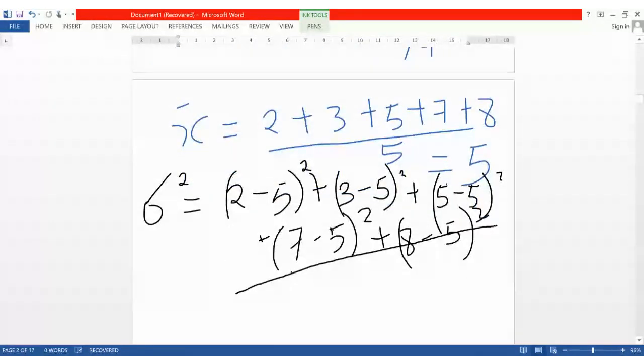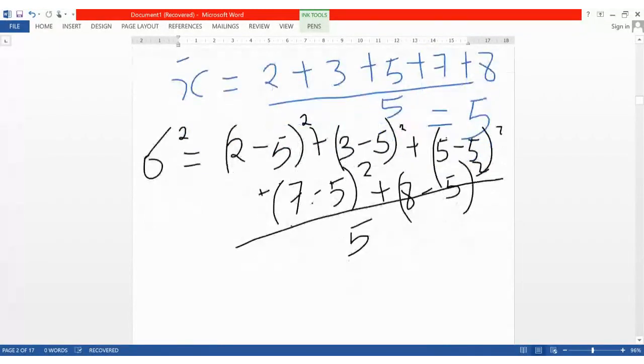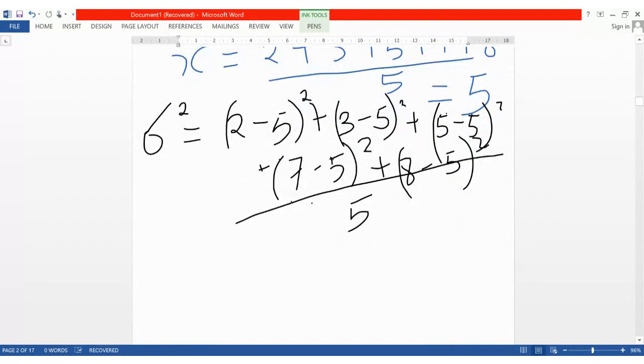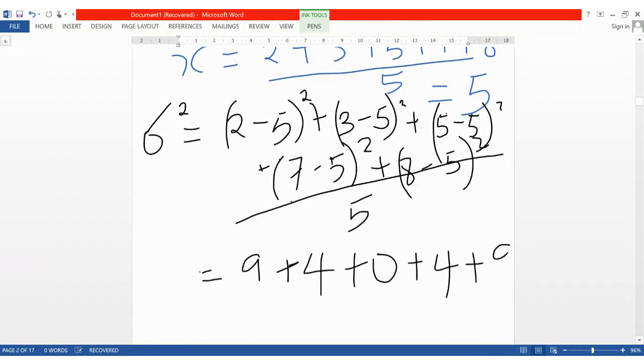When you square it, you get what? 9. 2 squared, that is 4. That is 0. That is 4. And that is what? 9. Then you divide by 5. So 9 plus 4 is 13, 13 plus 13 is 26, all over 5.